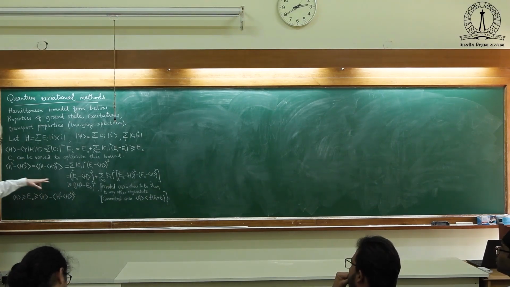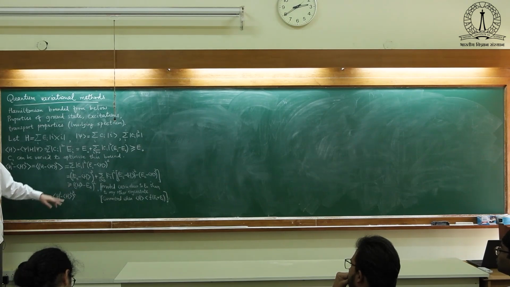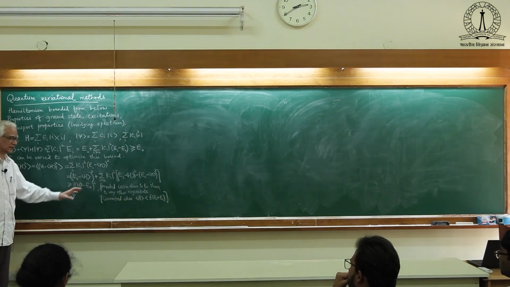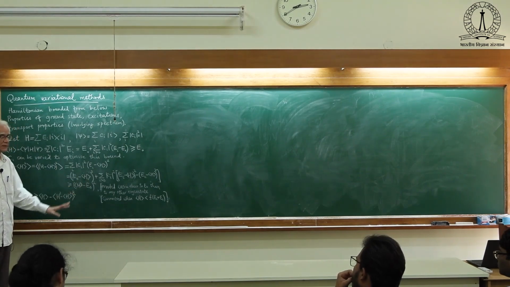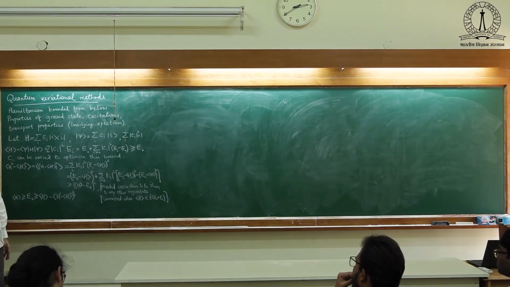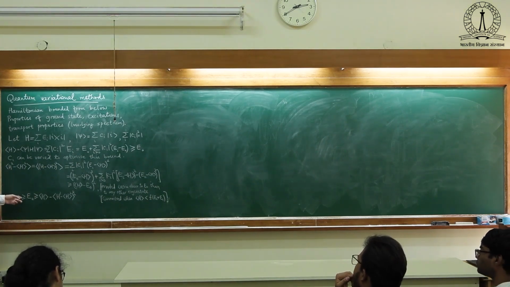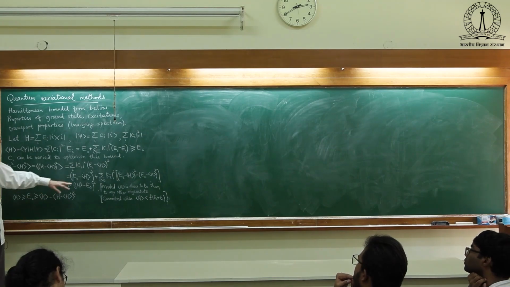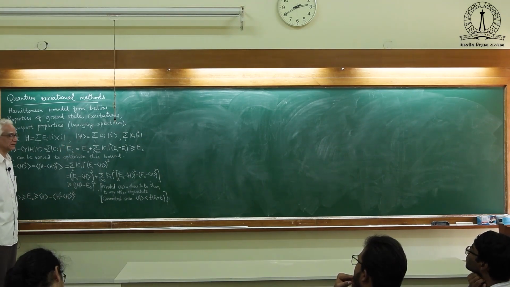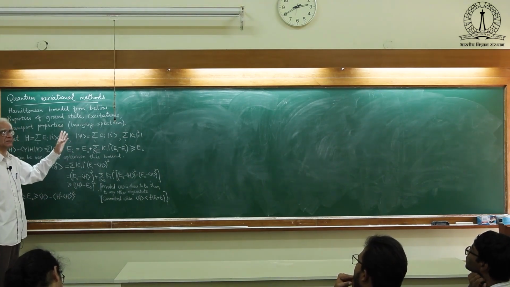I'm just rewriting this equation, making use of this inequality. The square root is taken, but I know h is bigger than E0, so that is a positive sign. So this is very useful because now you have both upper bound and lower bound, and you can judge your accuracy much better than just having a one-sided bound.